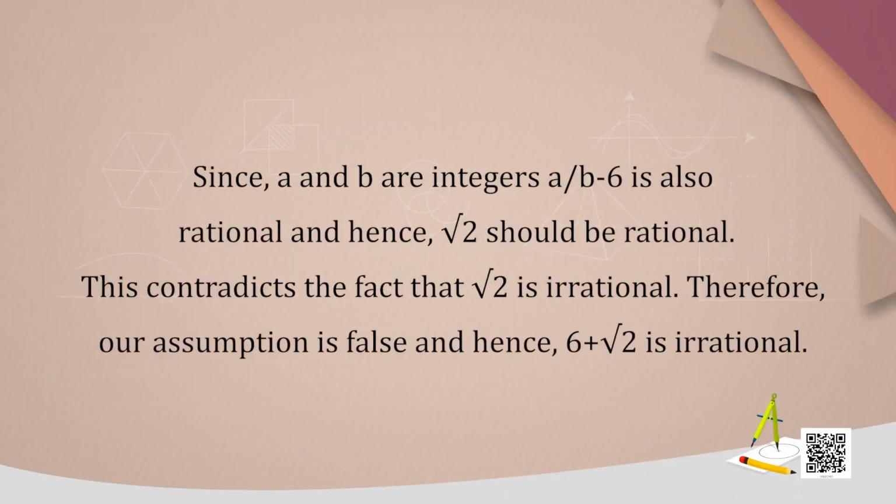Since a and b are integers, a upon b minus 6 is also rational, and hence square root 2 should be rational. This contradicts the fact that square root 2 is irrational. Therefore, our assumption is false, and hence 6 plus square root 2 is irrational.